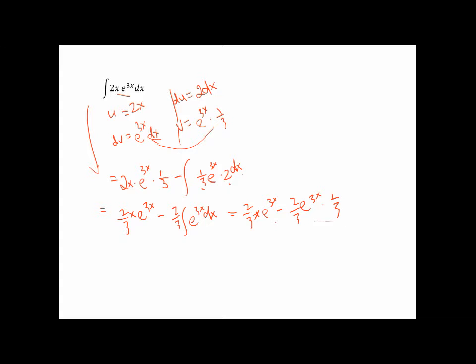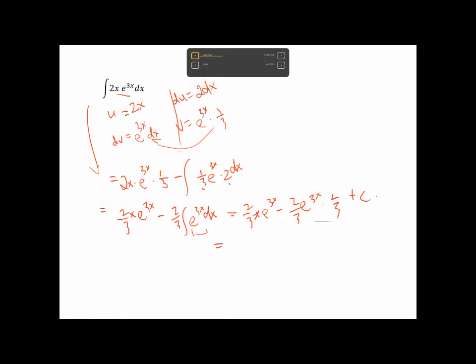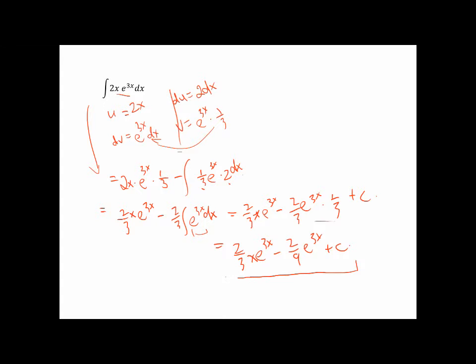You always want to go back to see if you are right, and then plus c. Simplify: 2/3 x e to the 3x minus 2/9 e to the 3x plus c. Okay, so this is my final answer.